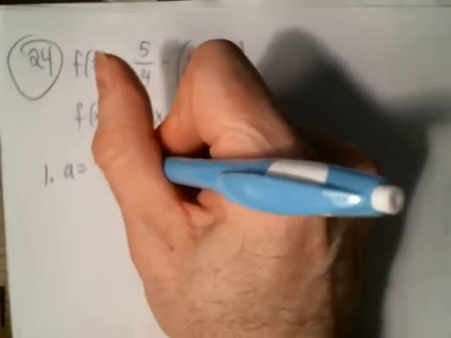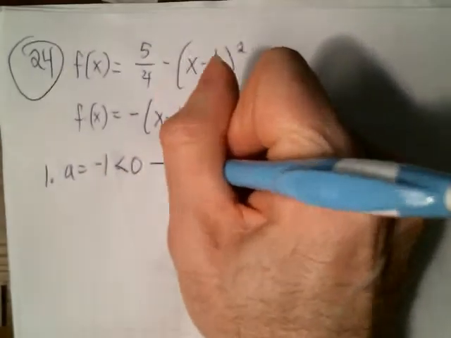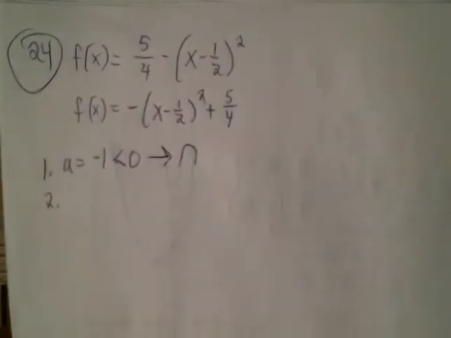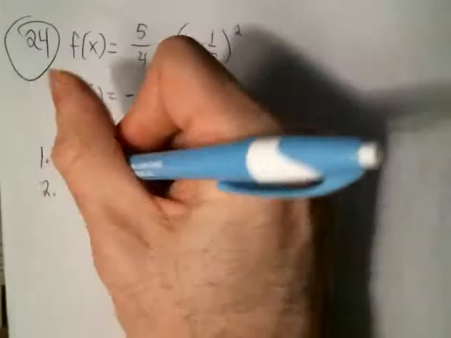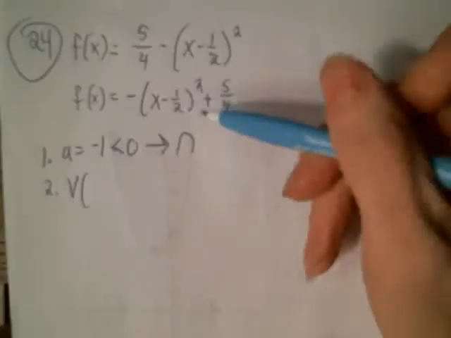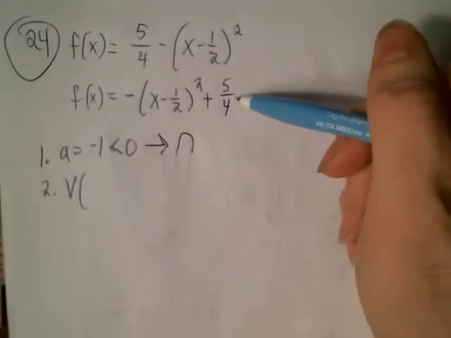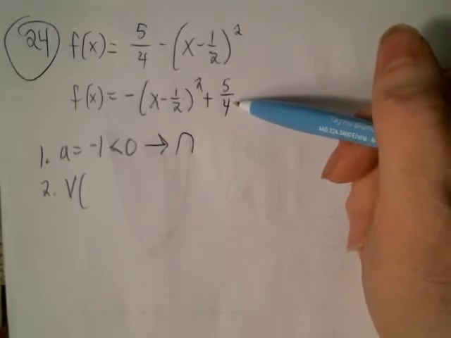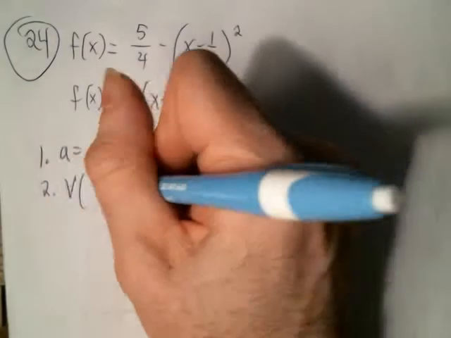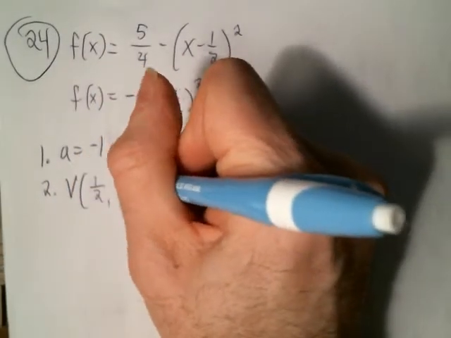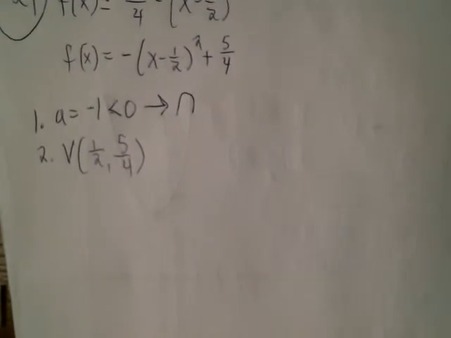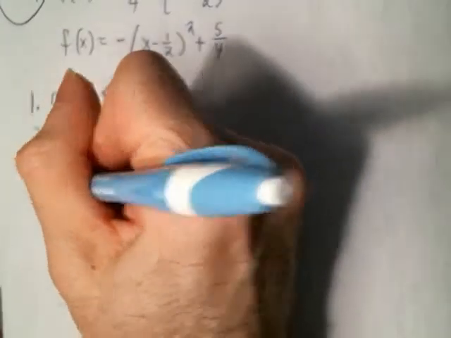So that means it's less than 0, and that tells me it's a sad face. Secondly, I get my vertex. So it'll be 1/2, comma, 5/4. And if you want to get a decimal for that, that helps you to draw it. I'm not going to bother.